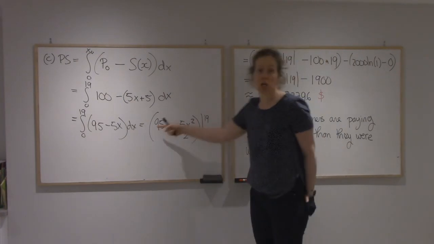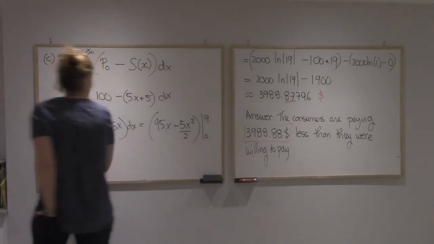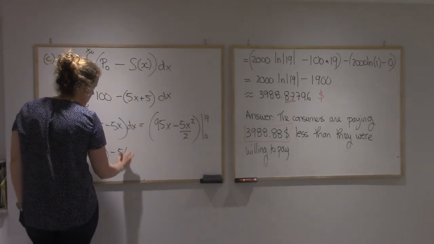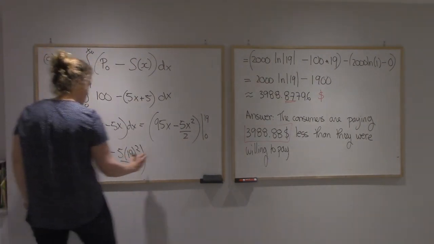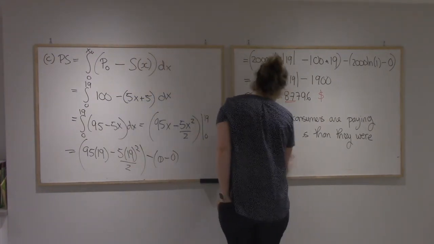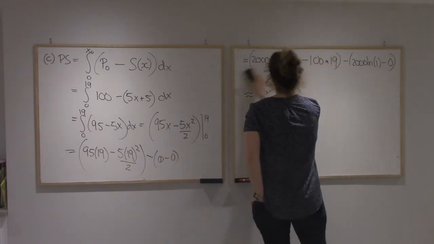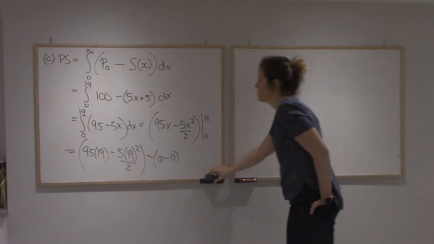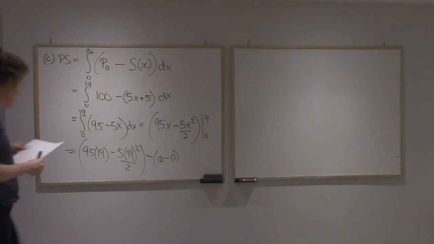Again, you plug in the top bound first, and then you subtract what you get by plugging in the bottom bound. So in this case, it's 95 times 19 minus 5 times 19 squared divided by 2, minus 0. This one I have computed here.